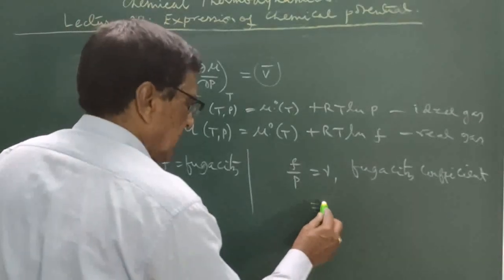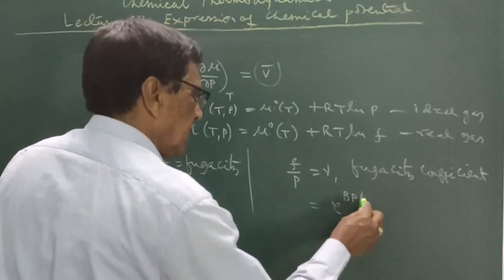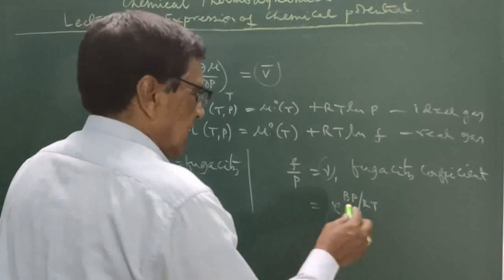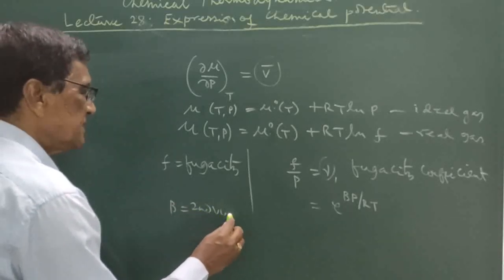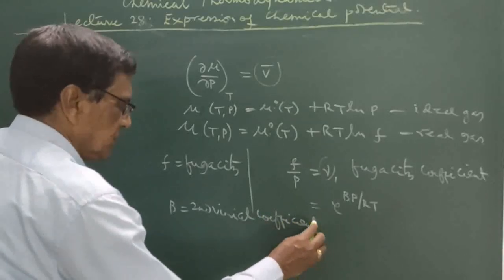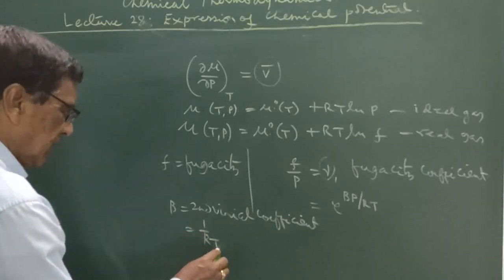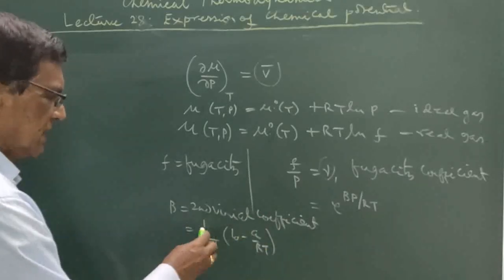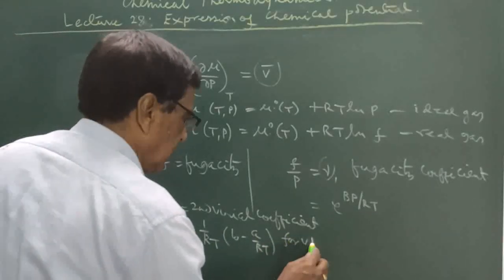So gamma could be expressed as e to the power Bp divided by RT, where B is called the second virial coefficient of this real gas equation. For an ideal gas it is 1 by RT, and for a Van der Waals gas it is B minus a by RT.